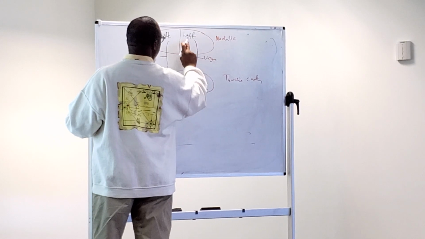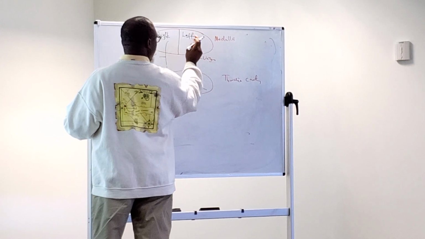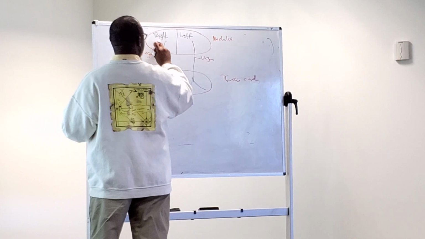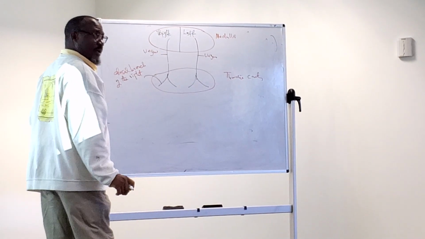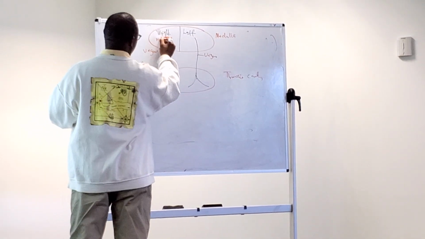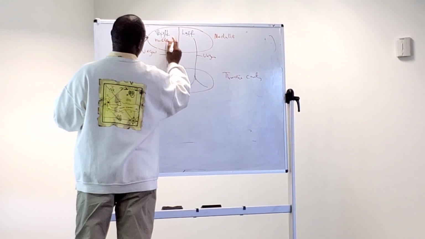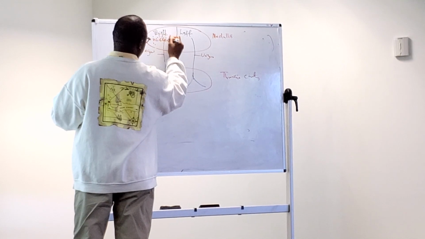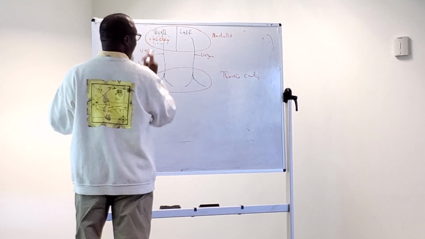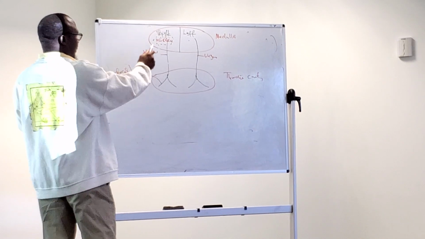So this is going to be the left vagal nuclei, right vagal nuclei of the medulla oblongata, right? So this is going to be the nuclei. It contains several cells. The same thing, so this is going to be the right vagal nuclei of the medulla.